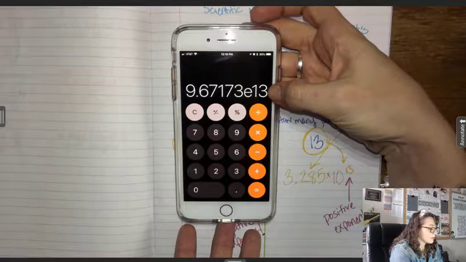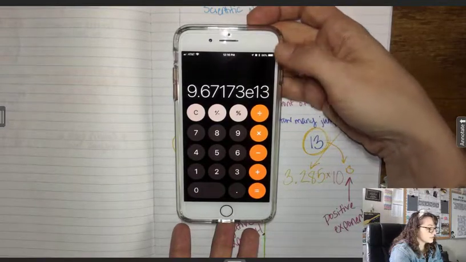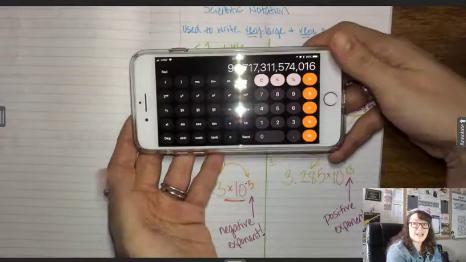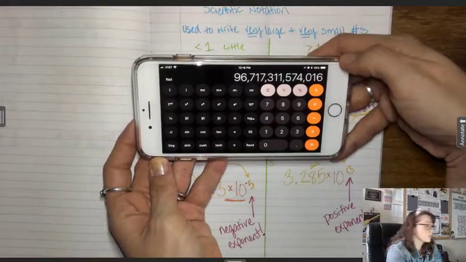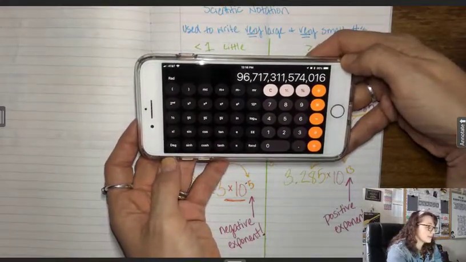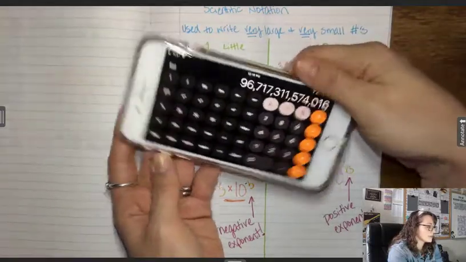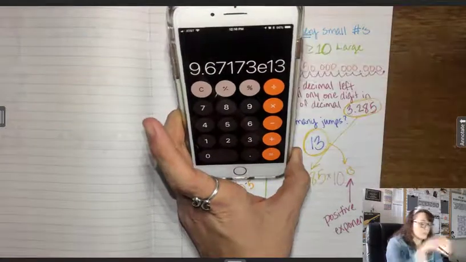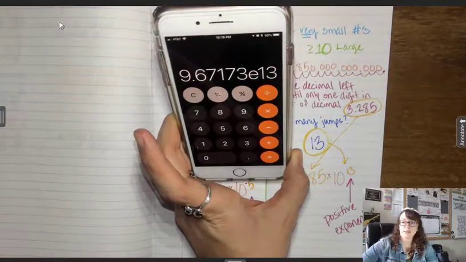So that would be my exponent to the 13th. So it would be 9, 6, blah, blah, blah. It would just keep going. That's standard form. I don't want to write all of that. That's going to take me too long. So we write it like this. Got it? Big numbers get positives. Little numbers get negatives.